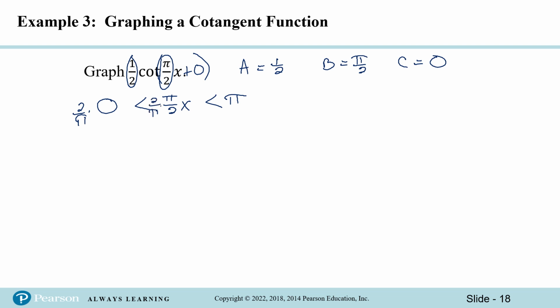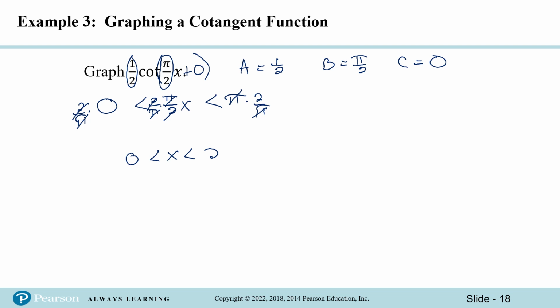I said both sides, I meant all three sides. 2 over pi, that will cancel. This gives me 0, and those will cancel. So we have 0 is less than x is less than 2. So there's going to be one full period between 0 and 2.